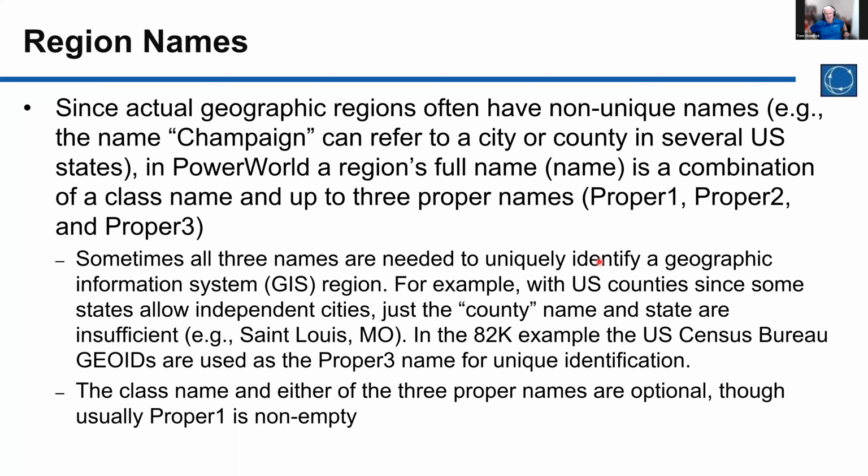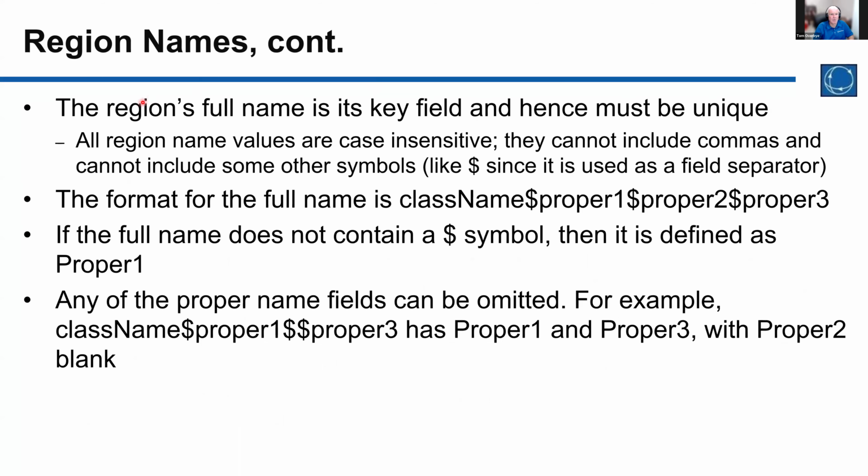The way we distinguish this is we put a $ sign between the different parts of the name. So the region's full name is going to be its class name, $ sign proper name one, $ sign proper name two, $ sign proper name three. All of these, class name, proper one, proper two, proper three, are optional.